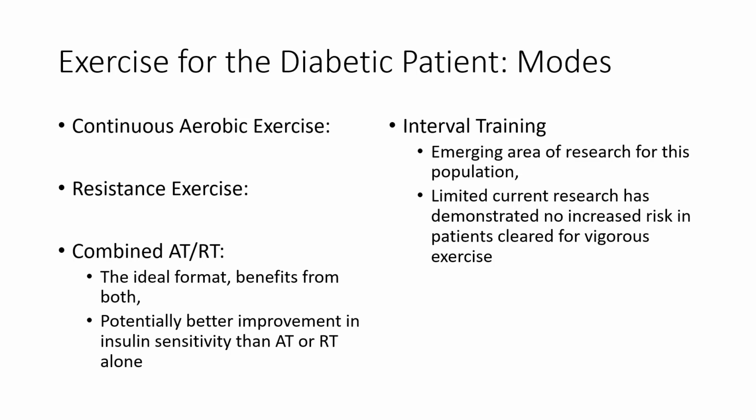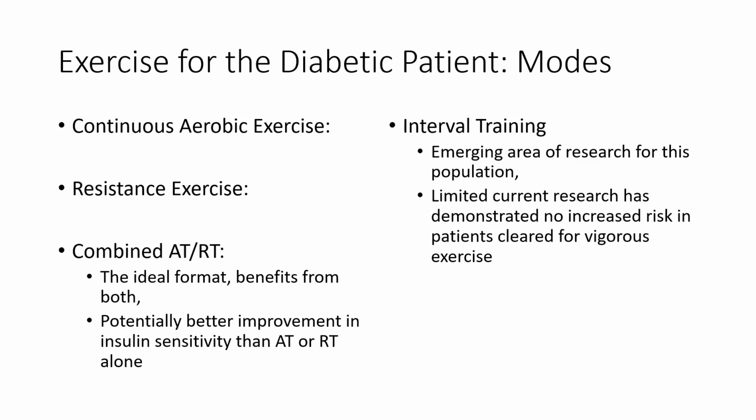Generally, we think there's a combined effect of aerobic training and resistance training. It actually may be better in terms of improving insulin sensitivity for a type 2 diabetic to do a combination of both than either one by themselves, especially for some of the functional gains you get with strength training that you don't get with aerobic training.